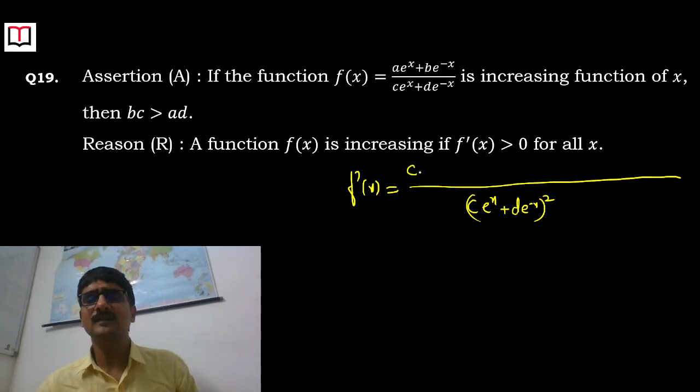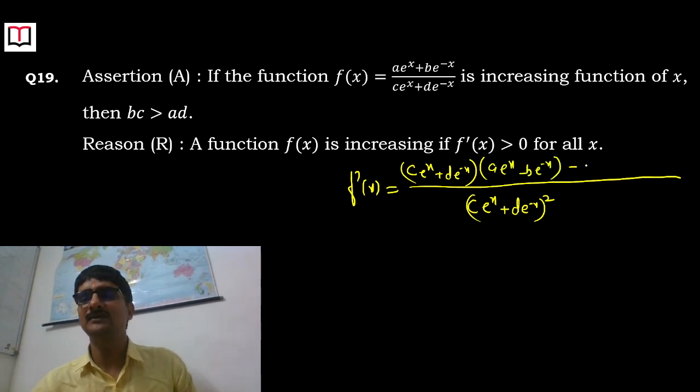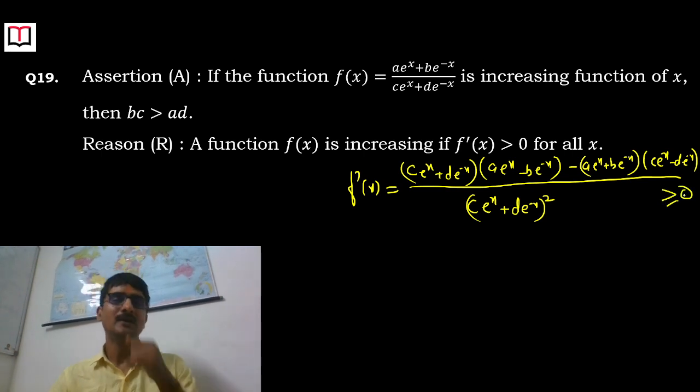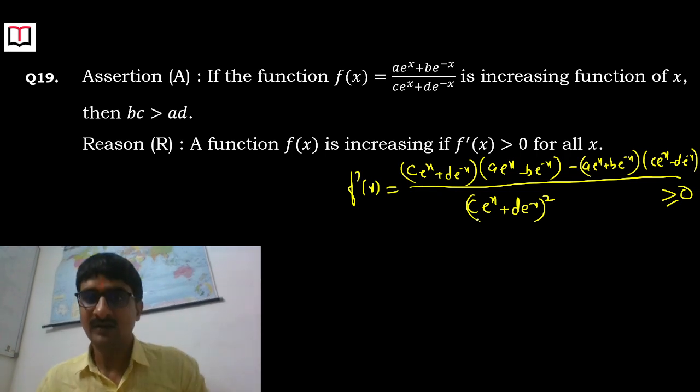So we take (c e^x plus d e^-x) into the derivative of the numerator (a e^x minus b e^-x), minus the numerator times the derivative of the denominator, which is (c e^x minus d e^-x), and that should be greater than or equal to 0 for all x.